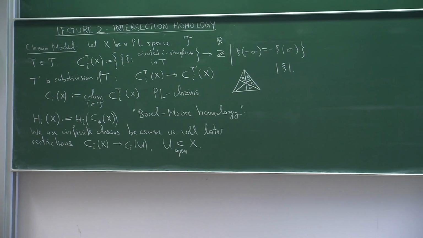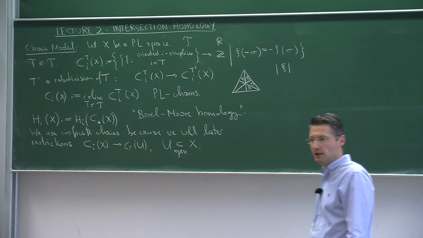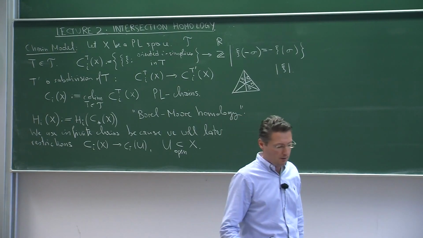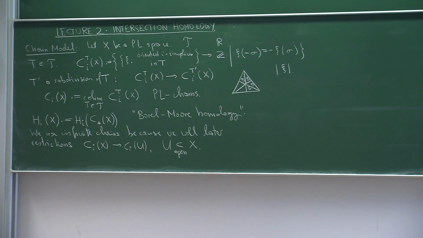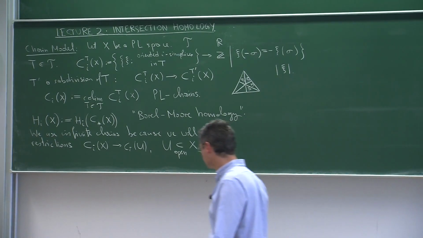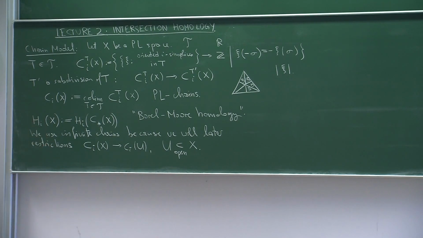You cannot just restrict it to an open subset. It will not be representable anymore by a finite chain on the open subset. But I need this because later on, I also want to give the sheaf-theoretic point of view. And this is the kind of sheaf property. Sheaves have restriction maps to smaller open subsets. That's the defining property of what a sheaf is. And so for that reason, I use infinite chains primarily.